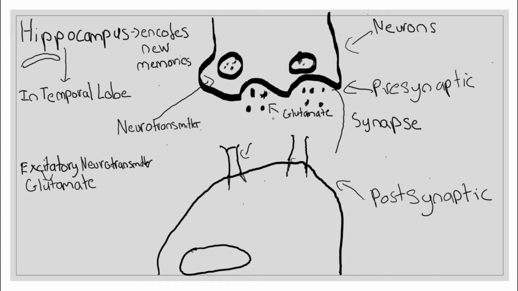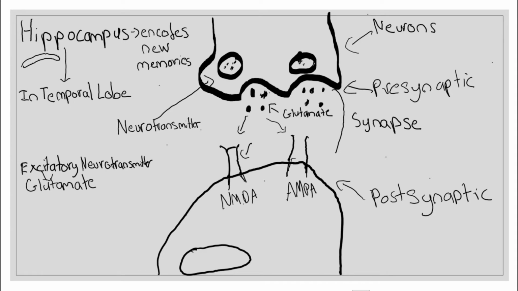Glutamate has to attach to two receptors specific to glutamate, and they're called NMDA and AMPA. These are just two names for the two receptors which glutamate has to attach to. When glutamate attaches, it changes the structure of the receptor and allows ions to travel in.